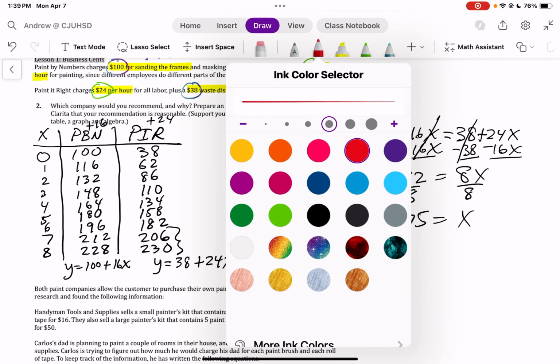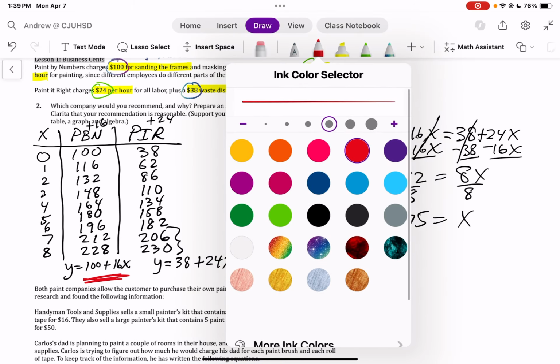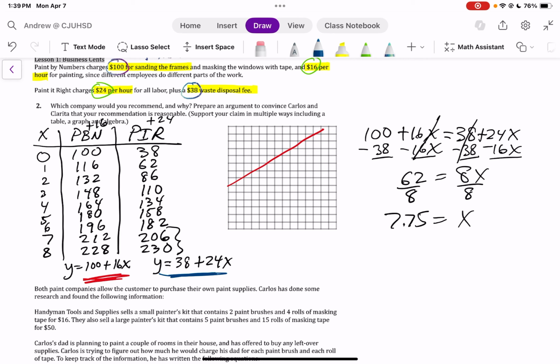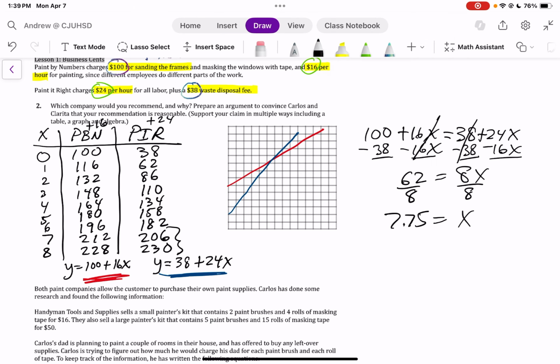So if I do this one in red, then it's going to start higher, but then be shallower. And then if I do Paint It Right in blue, this is going to start lower and then catch up to it. And the place it catches up is right here, 7.75 for the x.